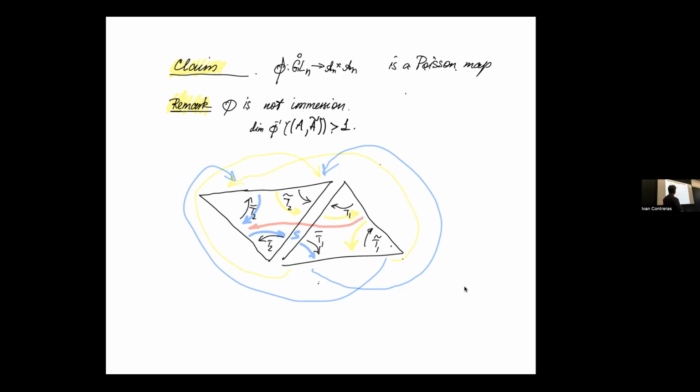The claim is that our map defined like that in terms of these Fock-Goncharov parameters is Poisson, and it's not an immersion. So we can see that it's some projection with fiber of dimension higher than 1, generally speaking.